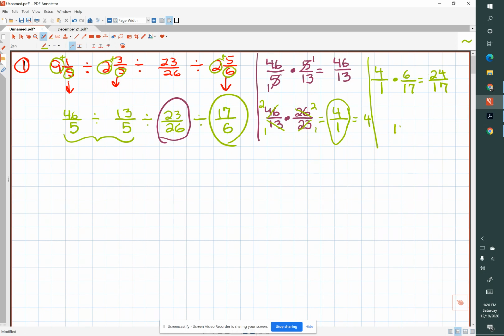So how many times does 17 go into 24? Well, 1 times 17 is 17, and 24 minus 17 is 7, so 1 and 7/17ths. So that is our final answer, 1 and 7/17ths.